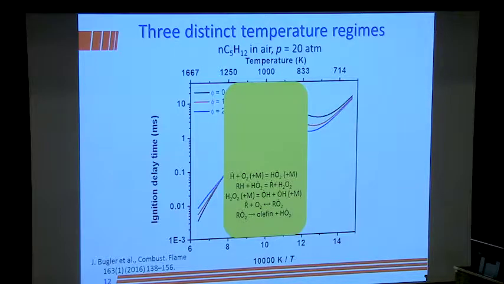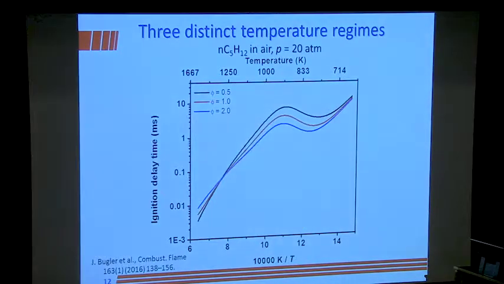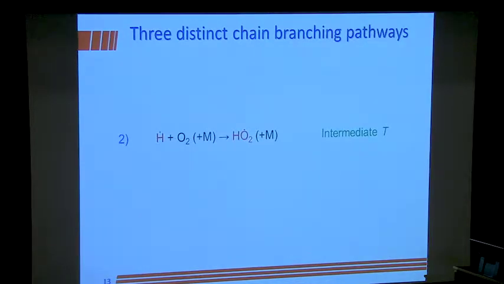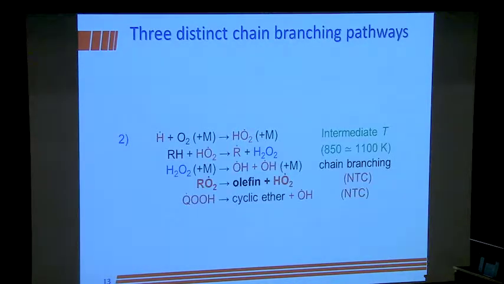Again, if we're going to accurately predict the reactivity of any fuel in this regime, be it an alkane, alkene, oxygenated hydrocarbon, we're going to have to understand their reactions. So the fuel reaction with HO2, the alkyl radical reaction with molecular oxygen, and this concerted elimination reaction. These are the important reactions, just highlighting them again.